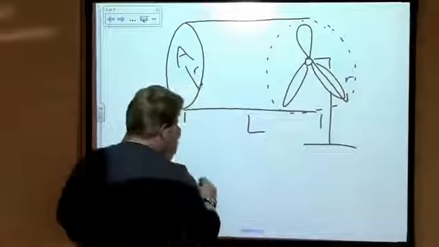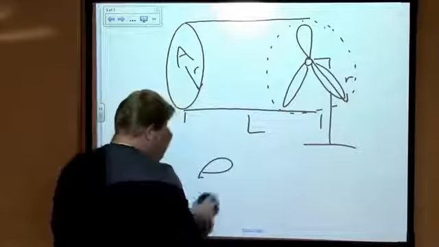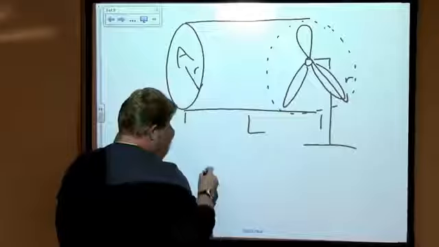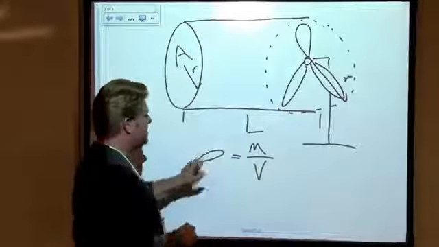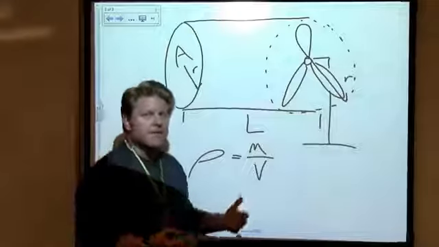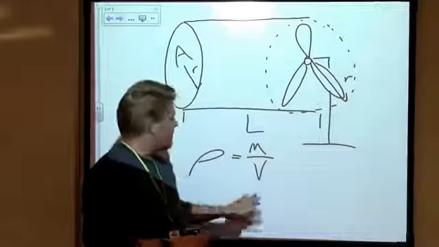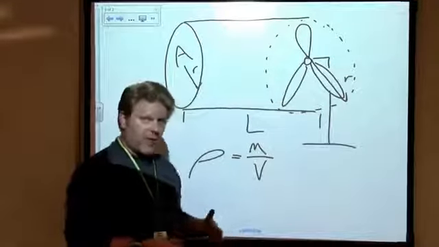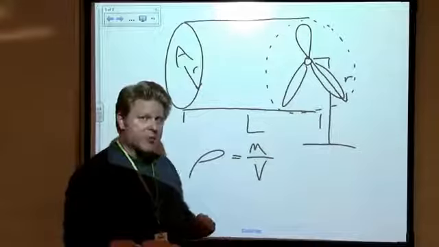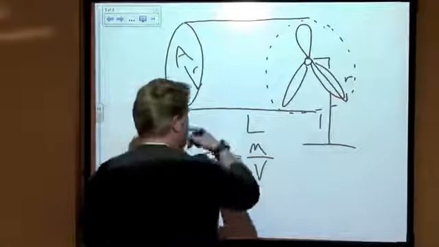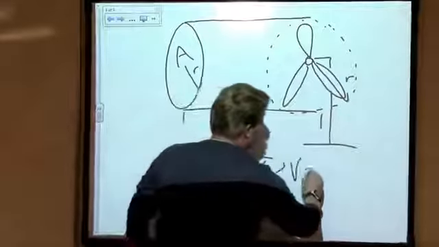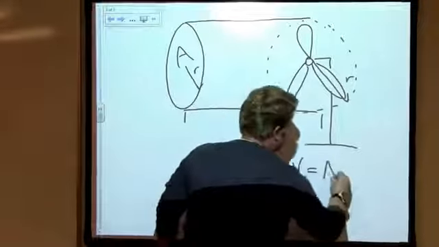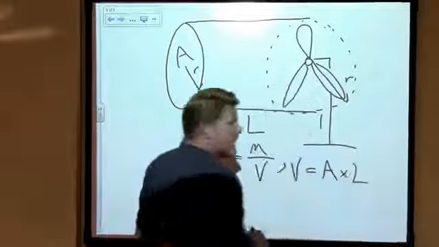Density is given by the equation, and again, there's that rho. Any density is given by the amount of something, the mass of a thing, divided by the volume of the thing, right? So density is a mass per unit volume. If we look at the volume of this cylinder, we recognize that the volume is given by the area times the length.